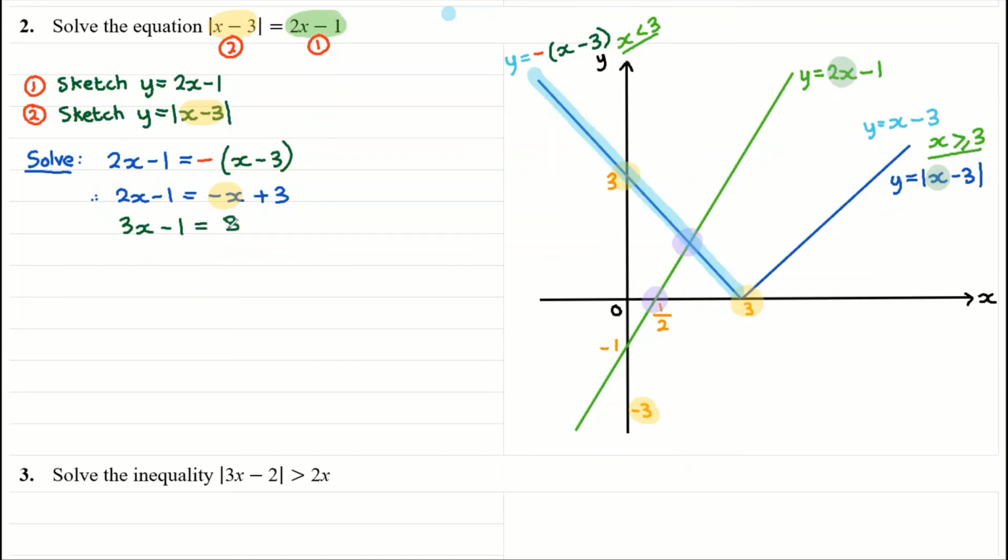Okay, adding 1, we have 3x is equal to 4. So x is equal to 4 over 3, which does indeed sit somewhere between 1/2 and 3. So we seem to have solved our equation.